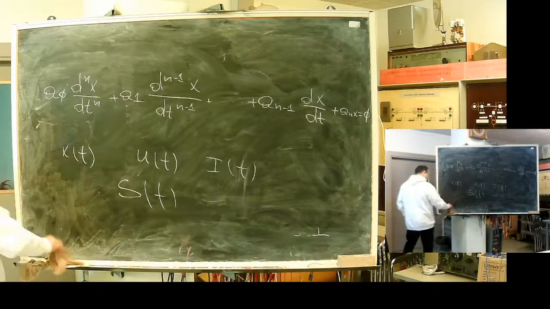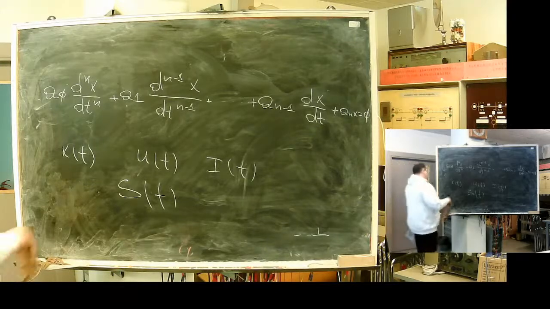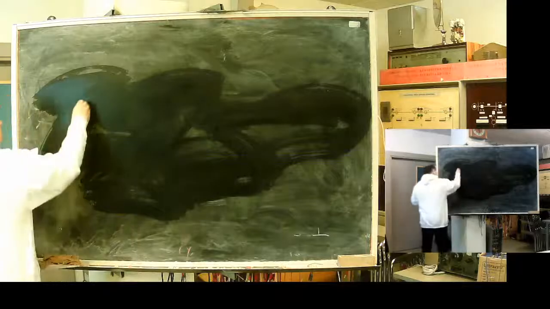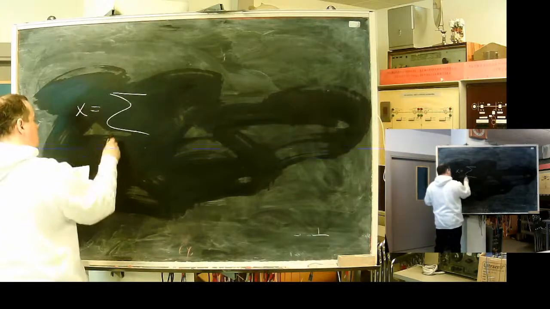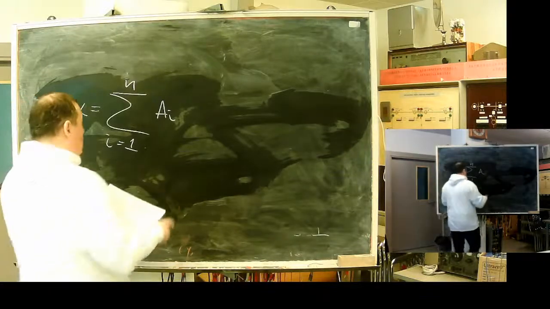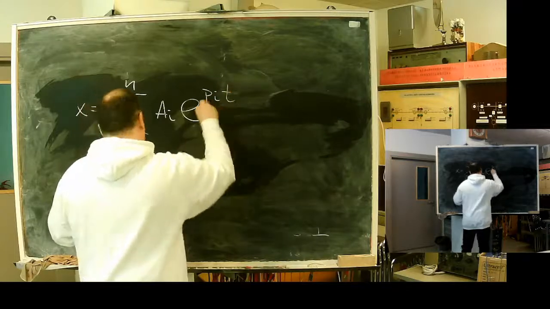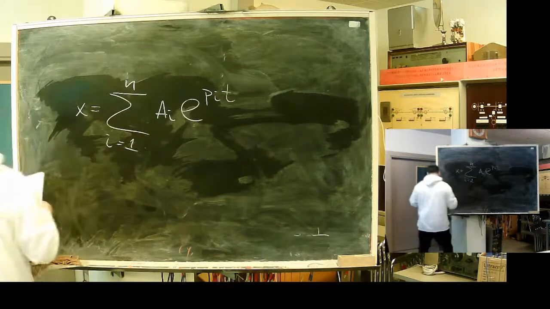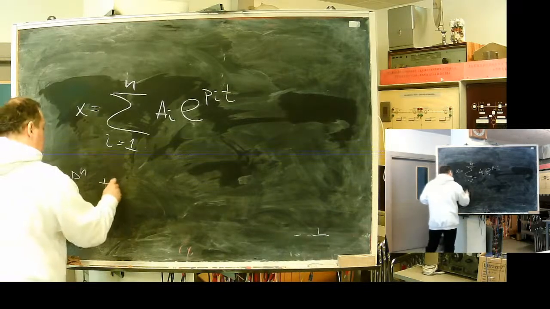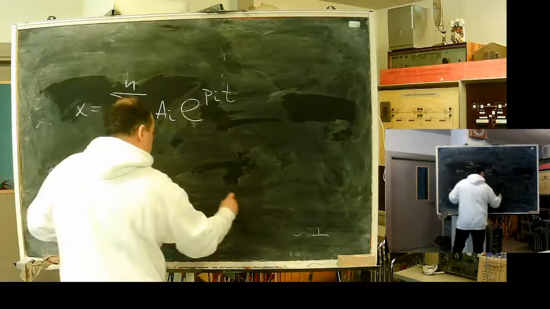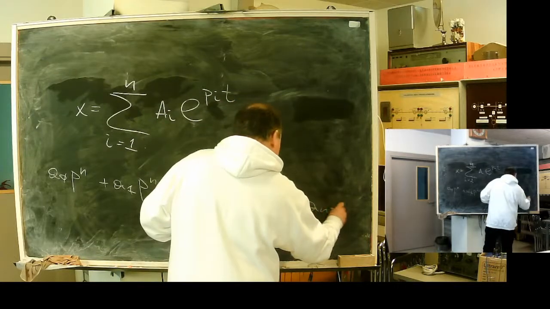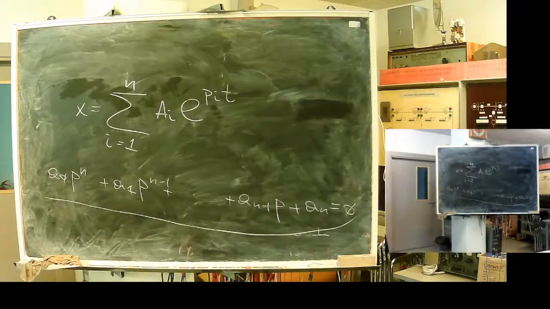Such an equation is well known, and the solution is well known. The solution is a sum of A_i constants times e to the power p_i t, where the A_i are constants and the p_i are roots of the characteristic equation A0 p^n plus A1 p^(n-1) plus ... plus An equals 0.